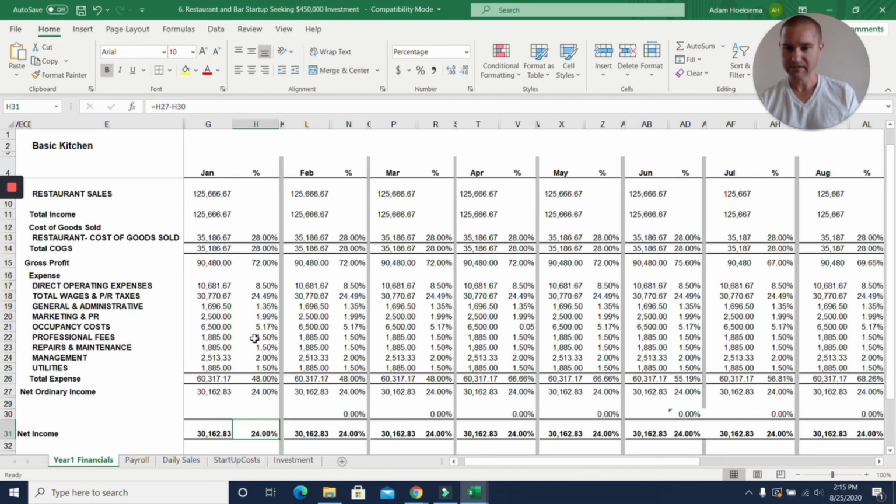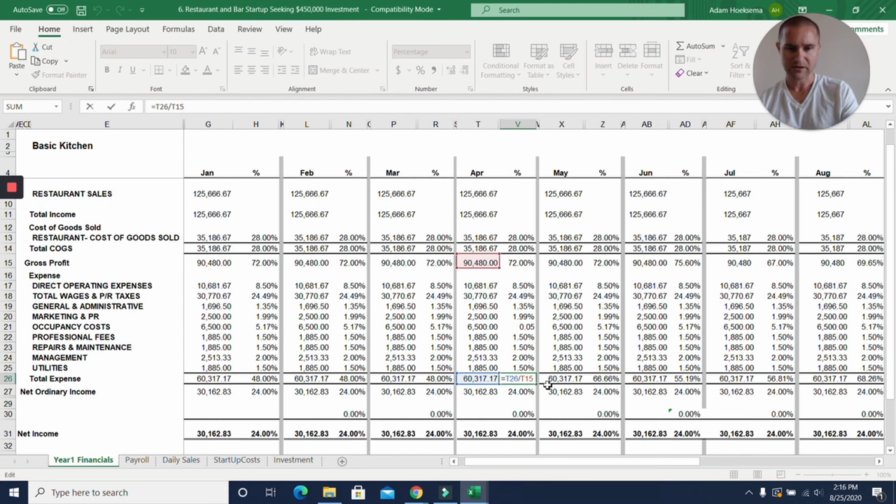With that in mind, I went through and tried to see if there's anything obvious that jumped out at me that looked out of place. This seemed a little bit strange. I'm not sure why. You see you've got a 48% total expense ratio, 48%, and then these 2 months jumped to 66%.